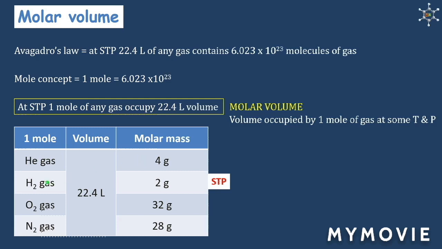In the same manner, 1 mole of hydrogen gas, which occupies 22.4 liters at STP, weighs 2 gram. 22.4 liters of oxygen gas at STP weigh 32 gram. 22.4 liters of nitrogen gas at STP weigh 28 gram.